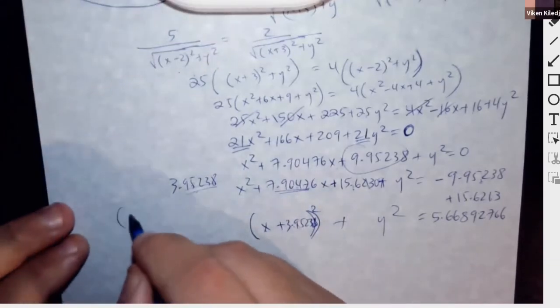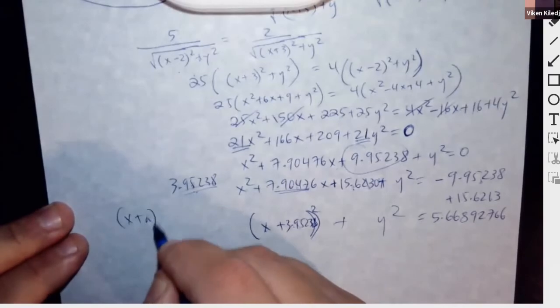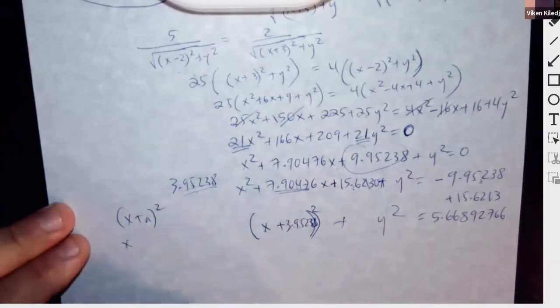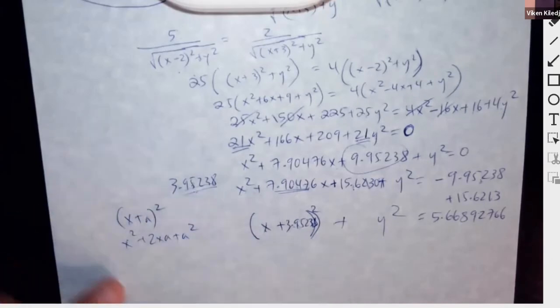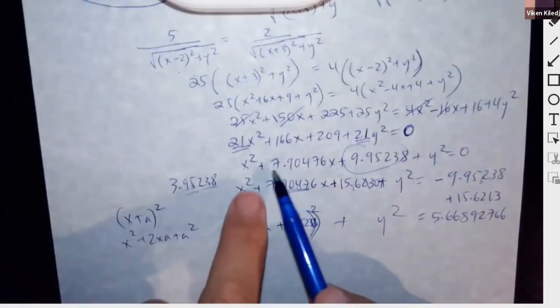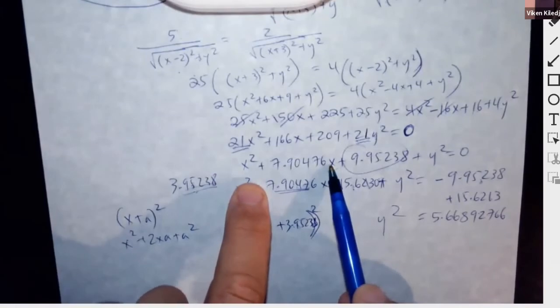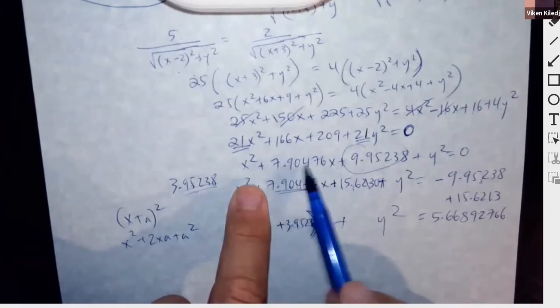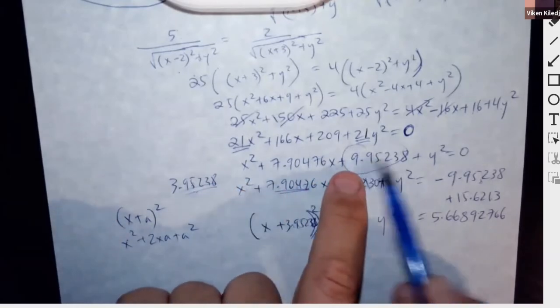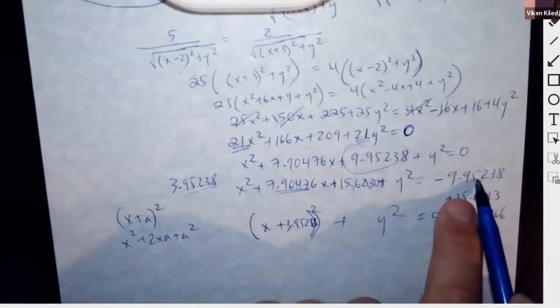The idea is when you have x plus a squared, it's x squared plus 2xa plus a squared, right? So what I'm trying to do here is to say, what number do I need here so that this becomes a perfect square? So I get rid of this, put it on the other side.